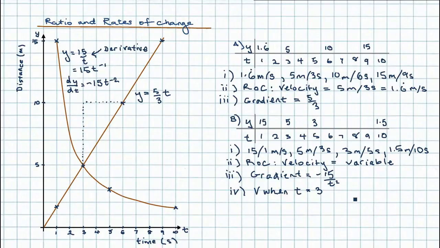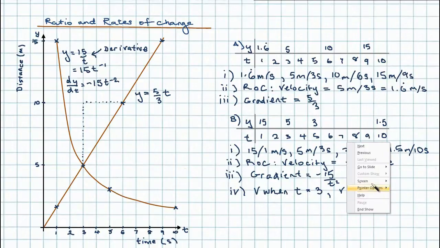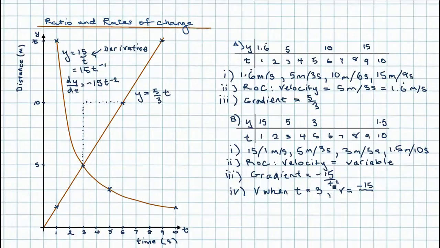Okay, so when t equals 3, v, the velocity, equals this gradient. So minus 15, but this time we substitute in our value for t. And t is 3, but we've got to square it, so t squared is 3 squared, and 3 squared is 9.